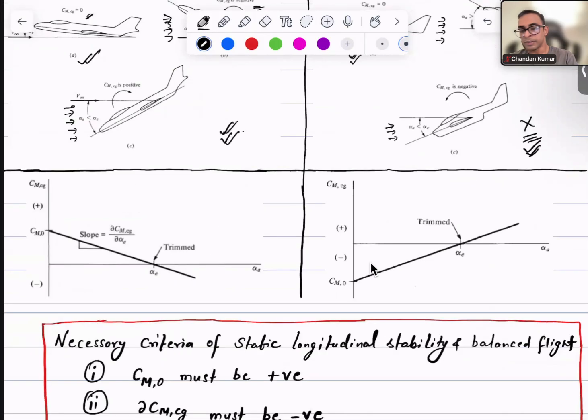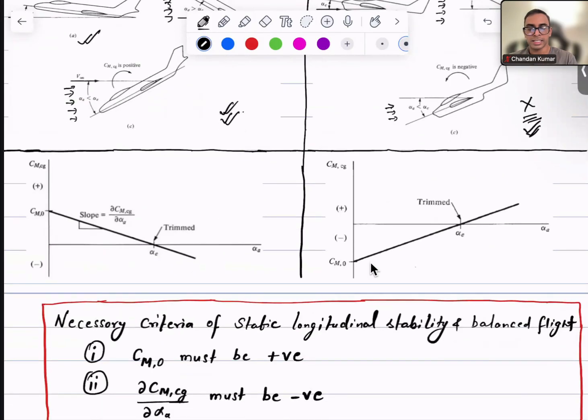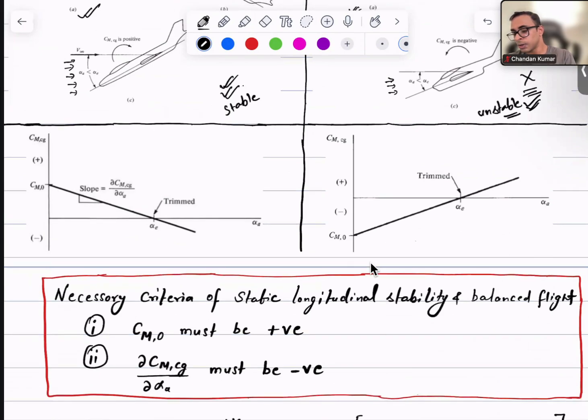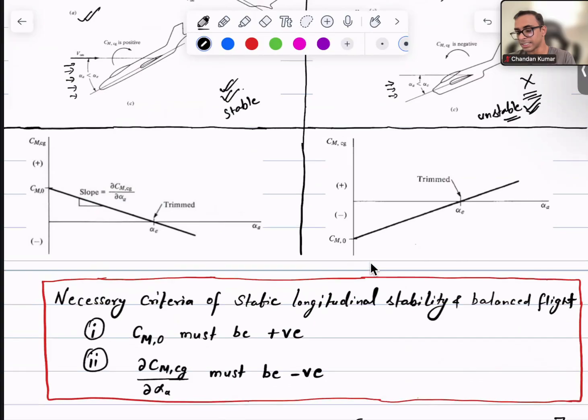So we've seen which is stable and which is unstable. Now we have here the plot, which is just showing the same thing that we discussed above.